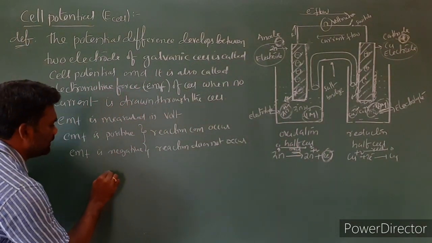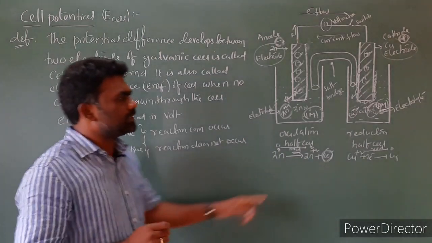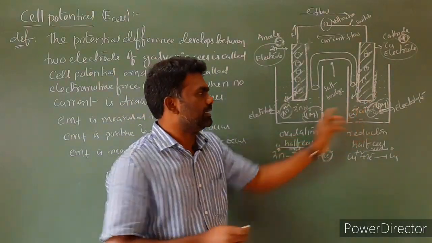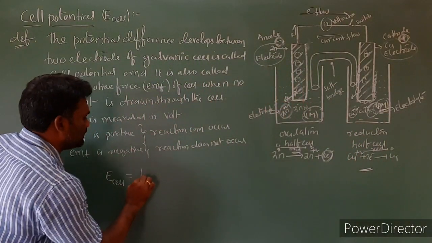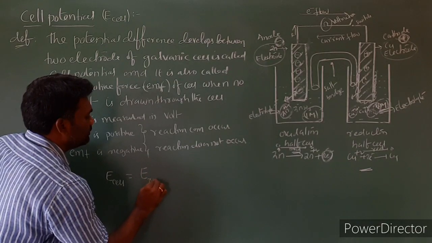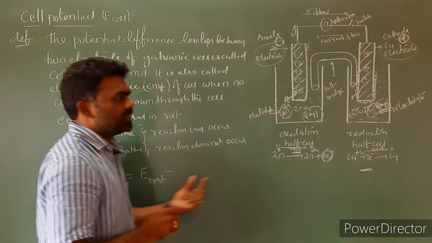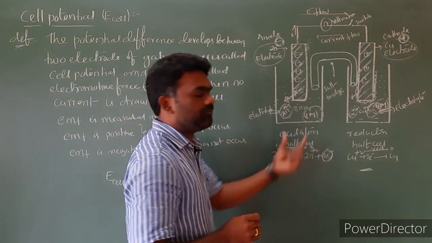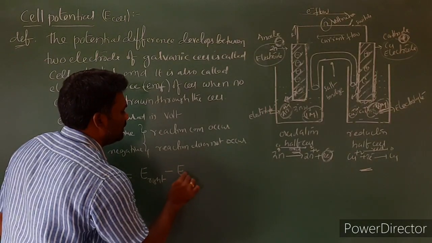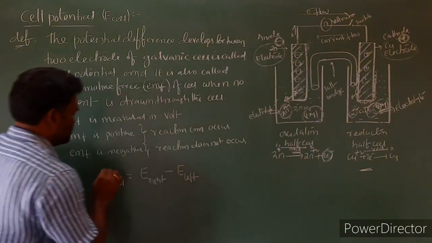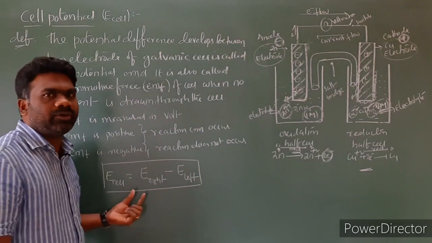E cell is equal to E right, the potential of the half cell on the right hand side, minus E left, the potential of the half cell on the left hand side.